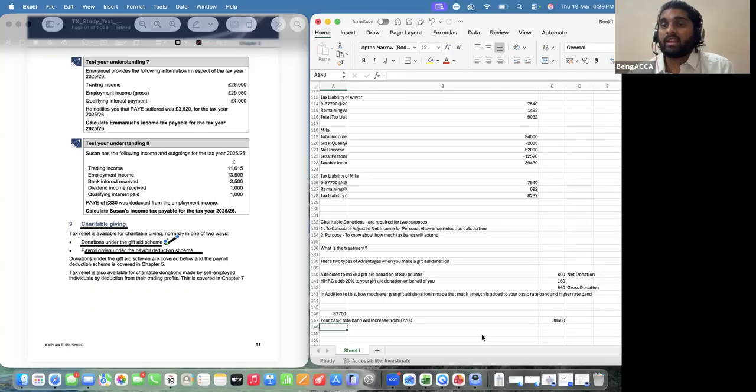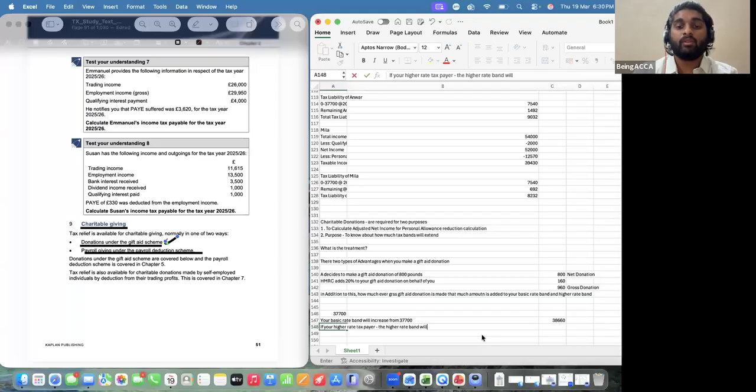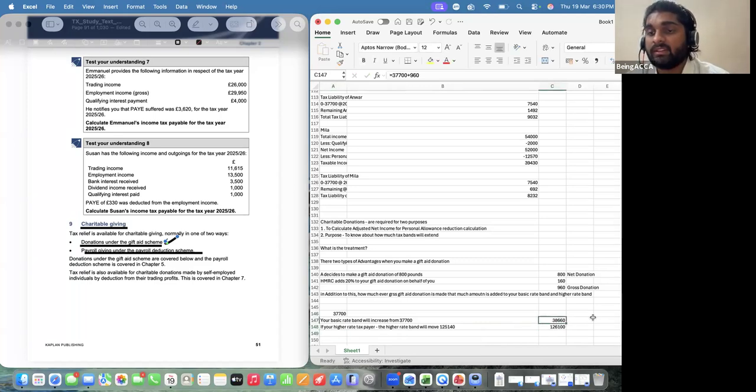And if you're a higher rate taxpayer, the higher rate band will move from 125,140 to 125,140 plus 960, which means up to 38,660 will be taxed at 20%, and from 38,660 to 126,110 will be taxed at 40%.